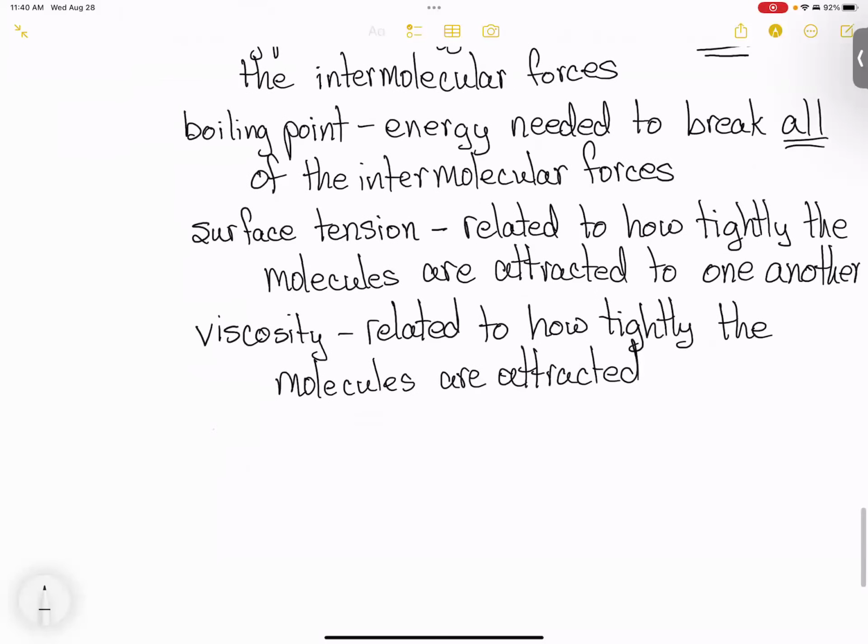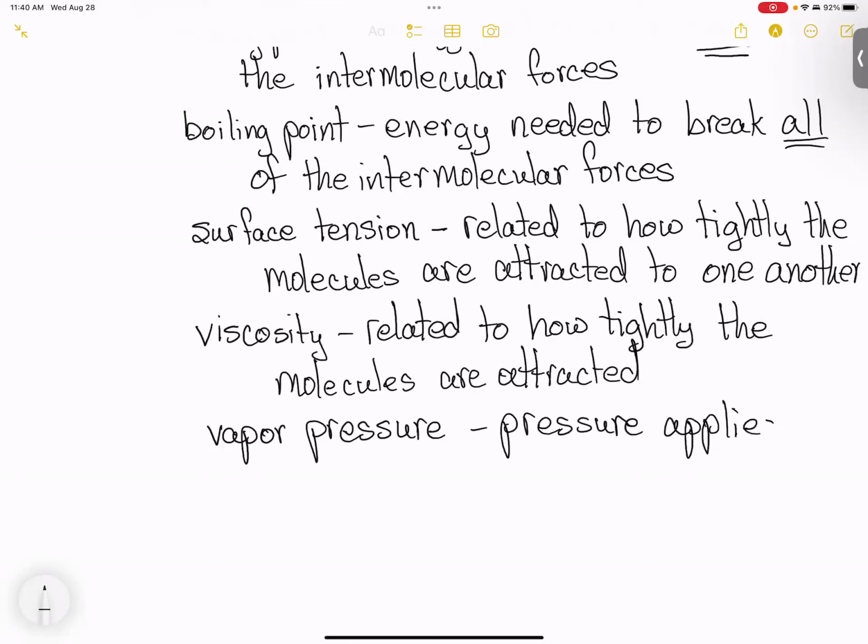We'll talk about the vapor pressure, which is the pressure applied by a gas above a liquid.